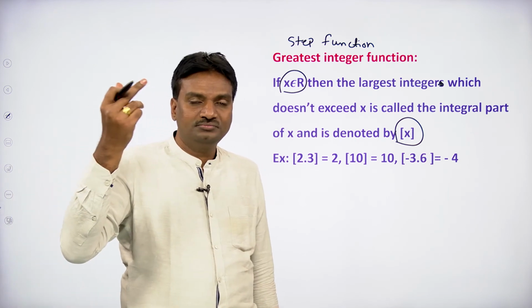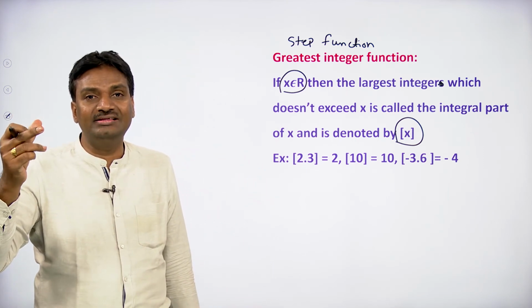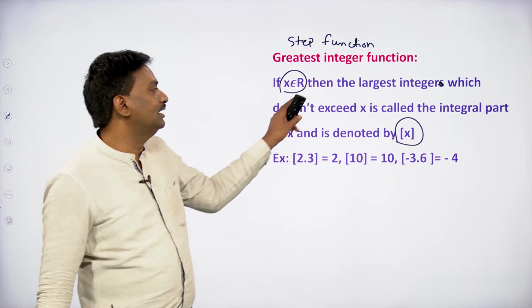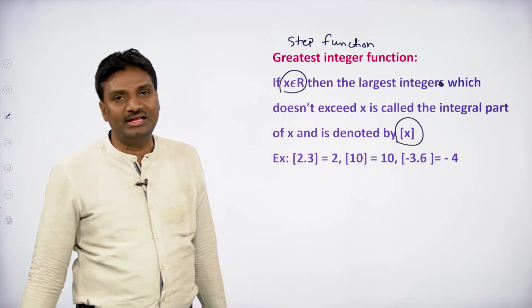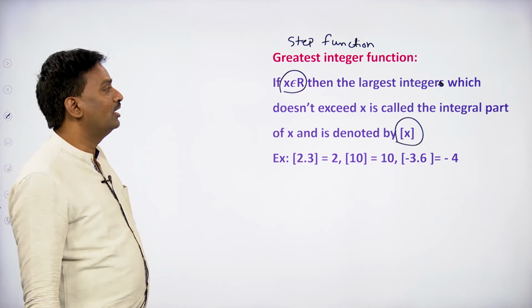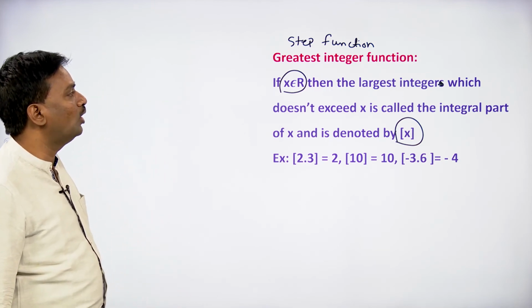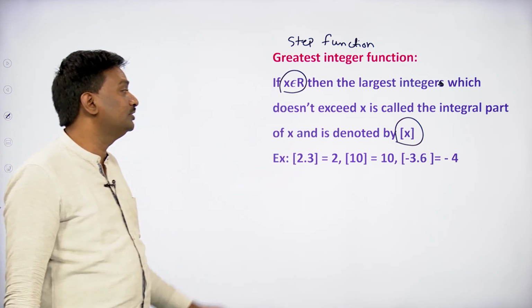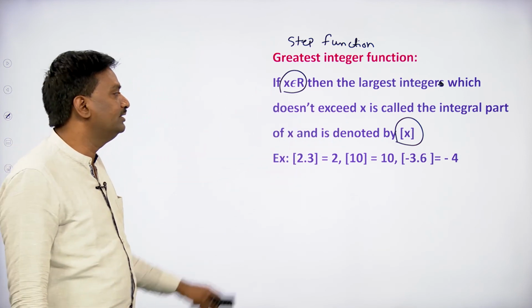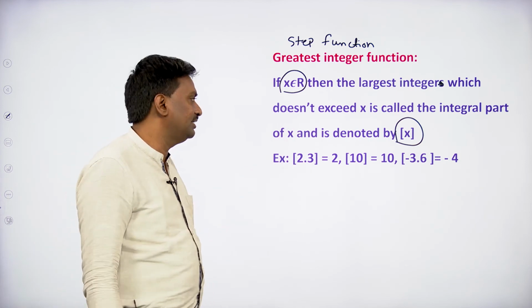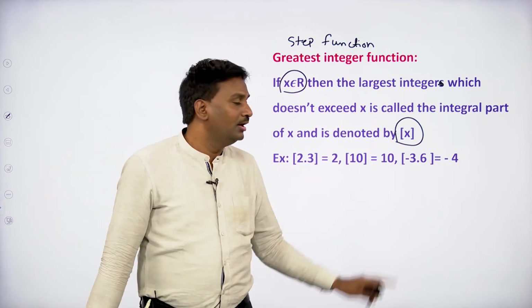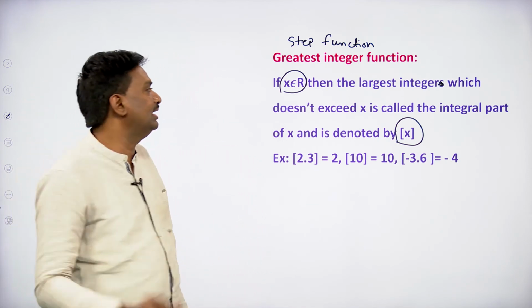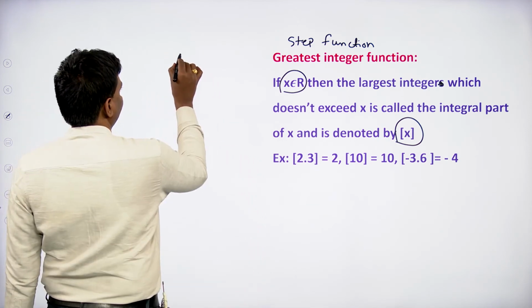We may have many integers greater than x, but among all those we have to take the largest integer. So if x belongs to R, then the largest integer which does not exceed x is called the integral part of x and is denoted like this. We can read this as integral part of x, or simply step x.